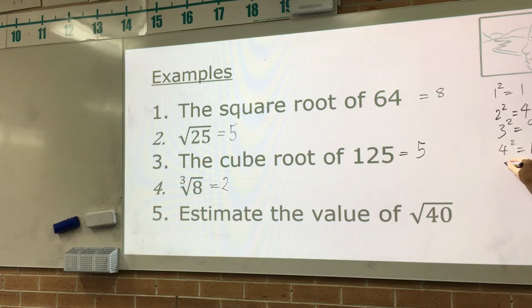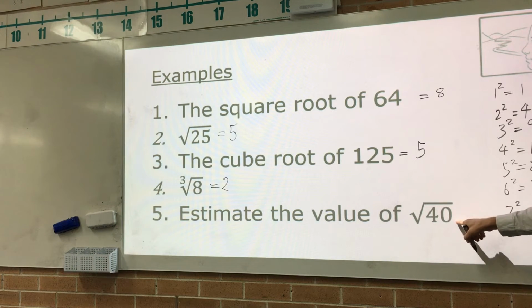We know these, that's good. 5 squared, we've already got that up there a few times, that's 25. 6 squared, what's that equal to? Yeah. 36, good work. And 7 squared, it was 2 slides ago, but 49. We're asking about this question here, square root of 40.